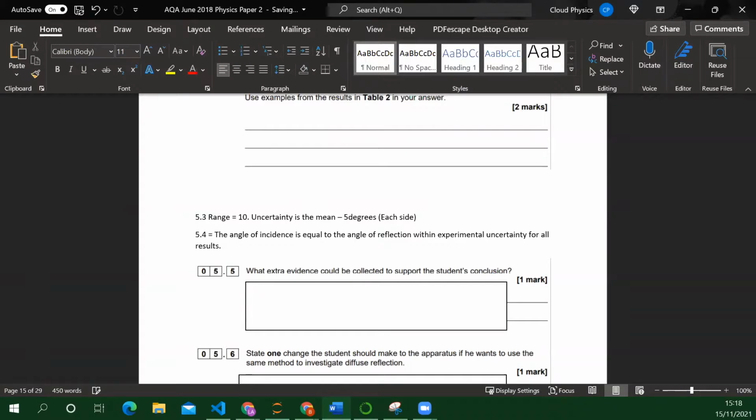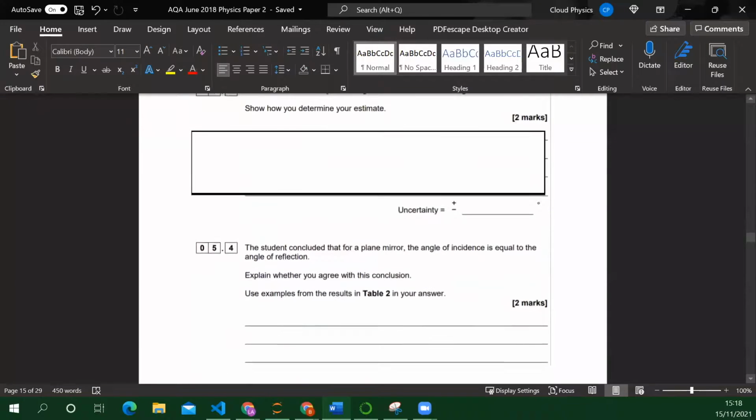Okay, so I'll use examples from the table. So I'll use some examples.